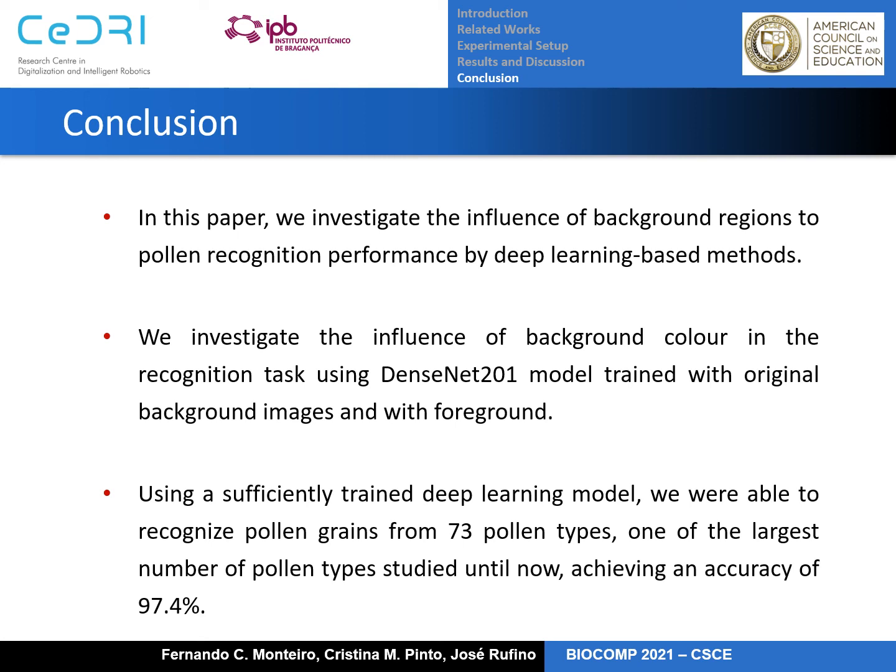Using a sufficiently trained deep learning model, we are able to recognize pollen grains from 73 pollen types, one of the largest numbers of pollen types studied until now, achieving an accuracy of 97.4%. In the future, we plan to combine different CNNs to further improve the performance of the automatic system.